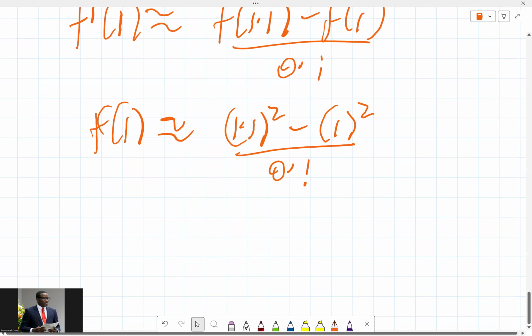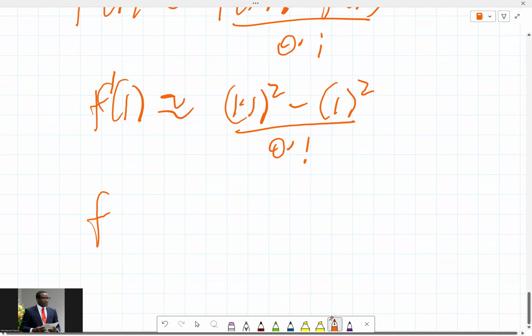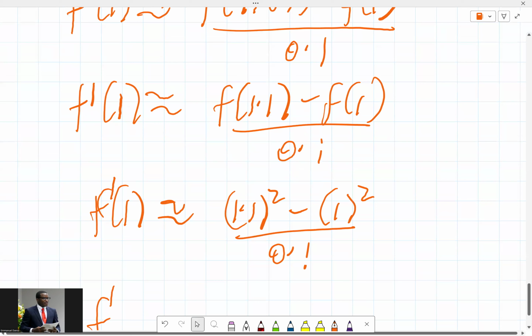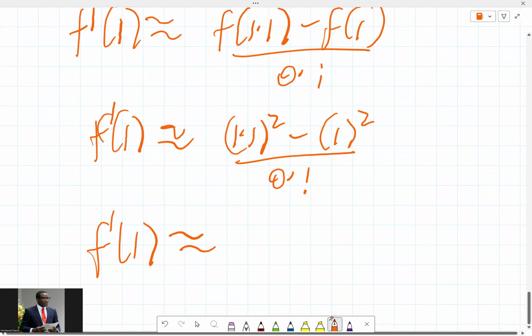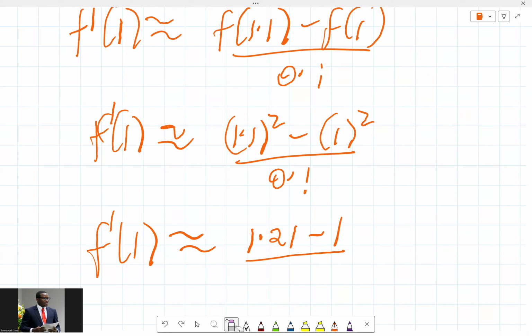So f prime of 1 is approximately 1.1 squared, which is simply 1.21, minus 1, all over 0.1.